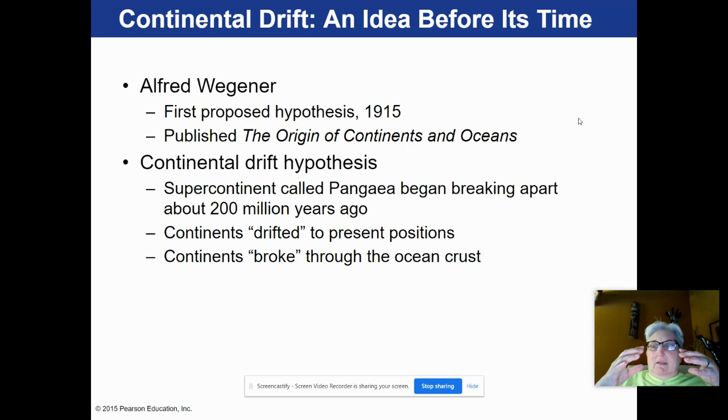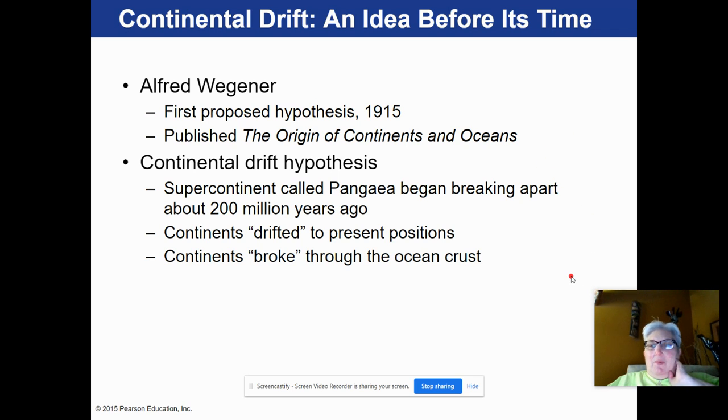And then the Ice Age and water and things came about, and we ended up with oceans and bodies of water. Okay.